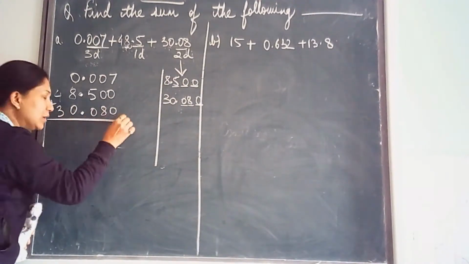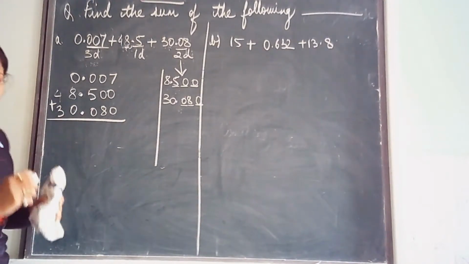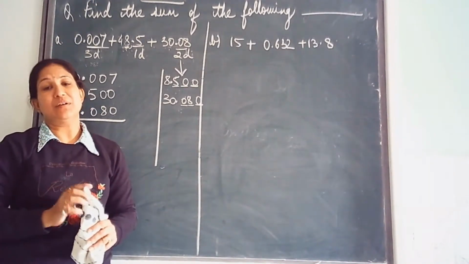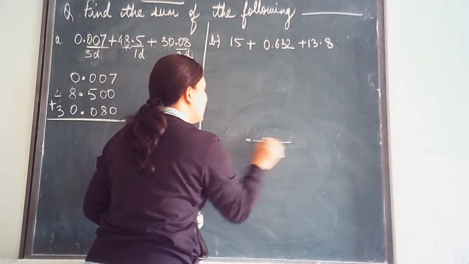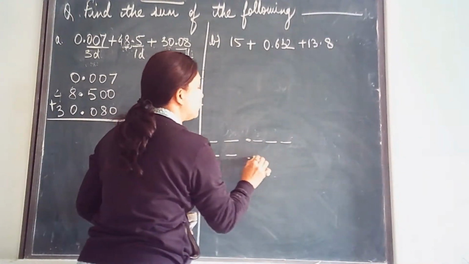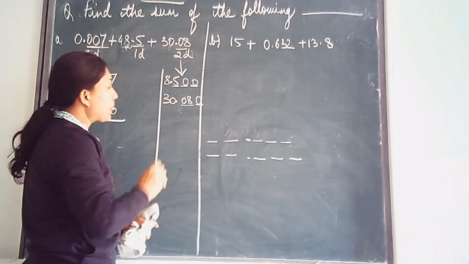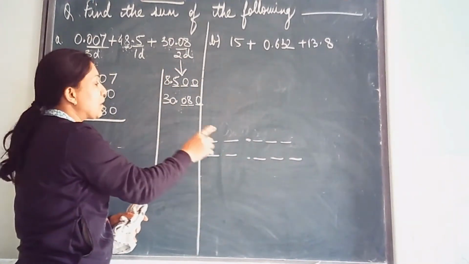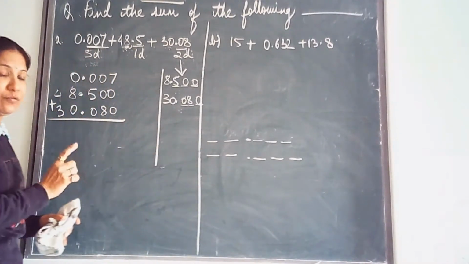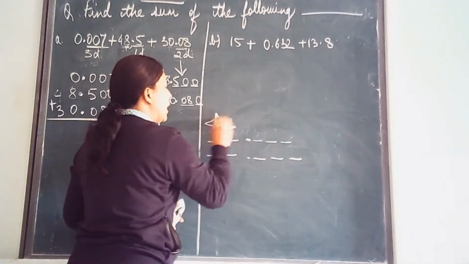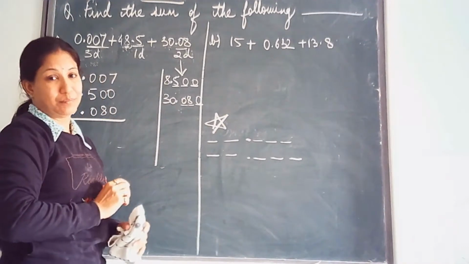Now here also, children, when you are adding, you make a mistake. So you do one thing: you check the number of digits before and after the decimal. After the decimal, you know how to do it. Now, before the decimal, what do you do? Remember children, here two things you have to remember.